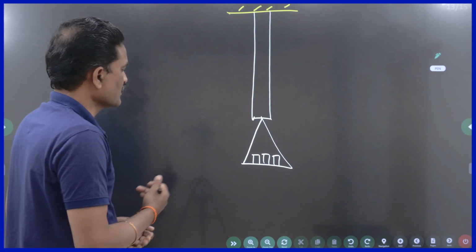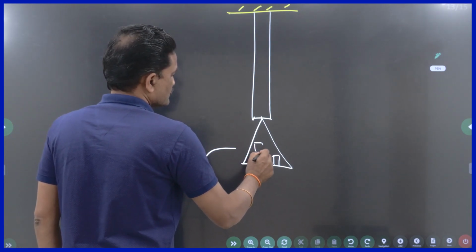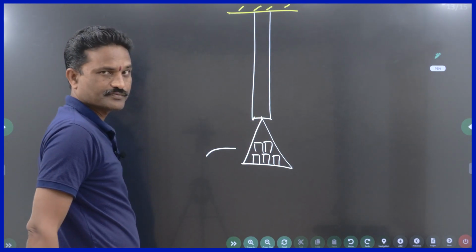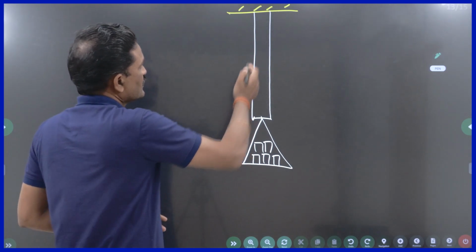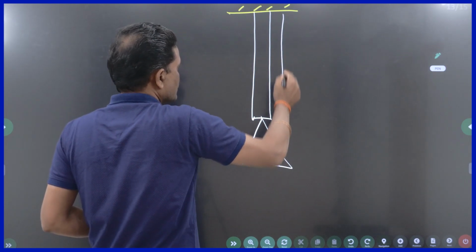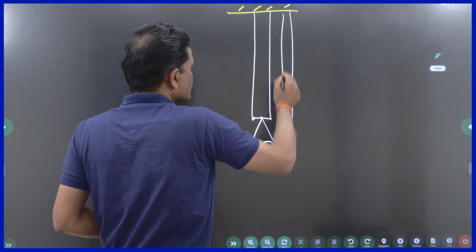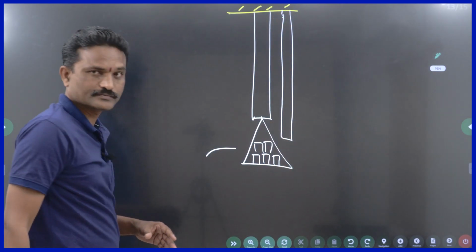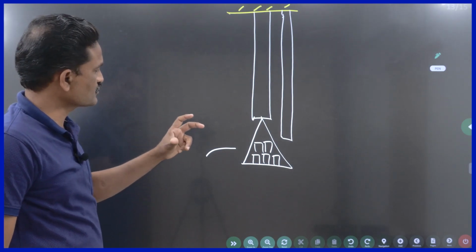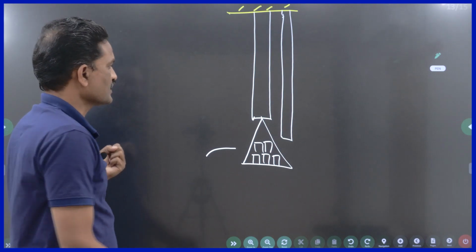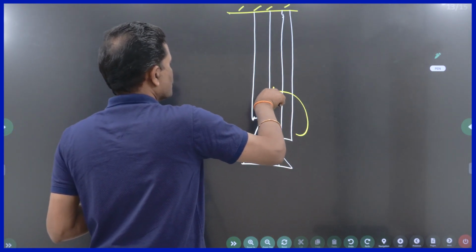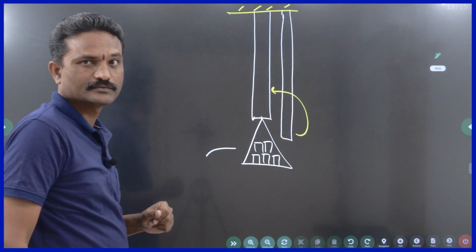When I increase the weights, that means when I increase the load, its length is increasing because it is being stretched, being elongated. So at microscopic level, its length is increasing. Once I remove the weights, once again, it gains the original length.